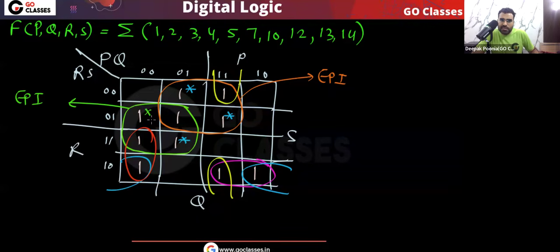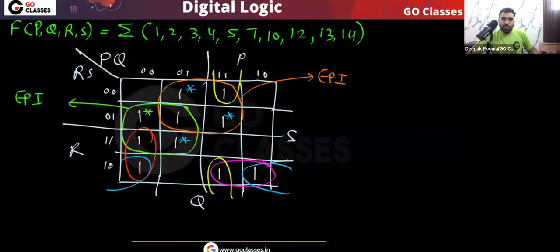Look at this one cell, this is also covered uniquely by this green PI, so that we have already considered. Just see if any other one cell is covered uniquely by a PI. No, there is no other. So there are only two EPI, that's it.